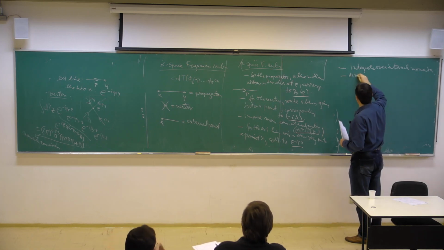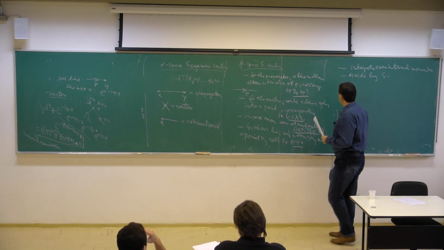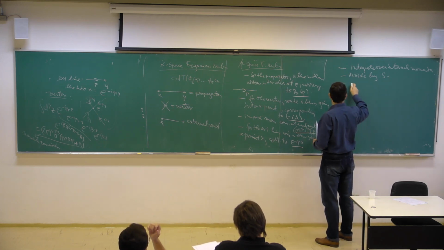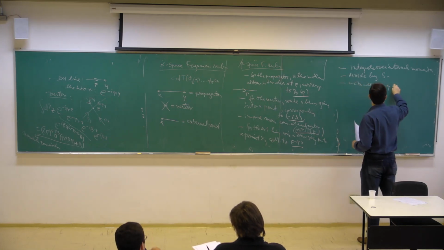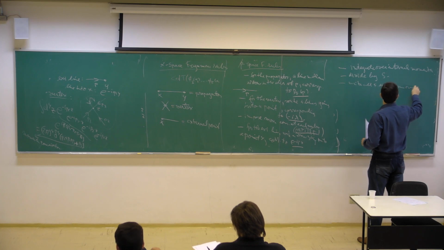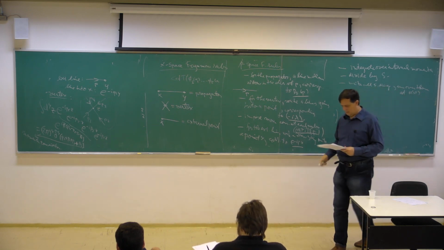Divide by the symmetry factor, and then the same thing. Write all Feynman diagrams, sum over them, then for the lambda.